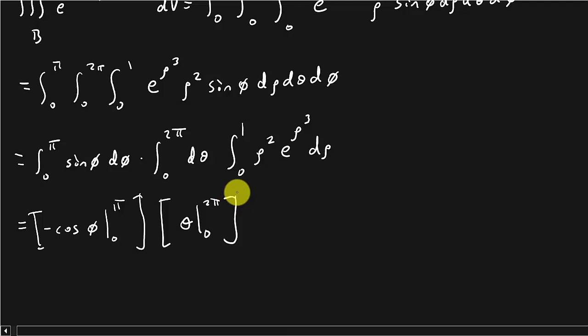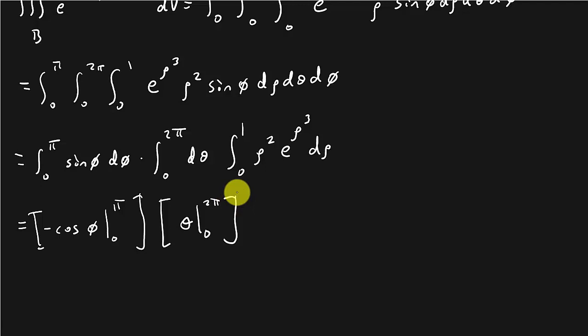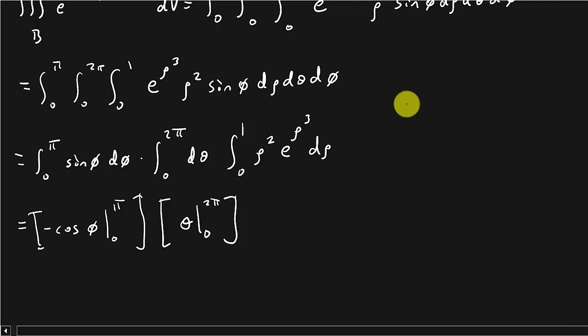Now, the last one, I'm going to have to use u substitution, right? So I'm going to let u equal rho cubed. So du is 3 rho squared d rho. All right, so look at this. I've got rho squared d rho. I'm missing the 3, so I'll multiply by 3, come out here and multiply by a third.